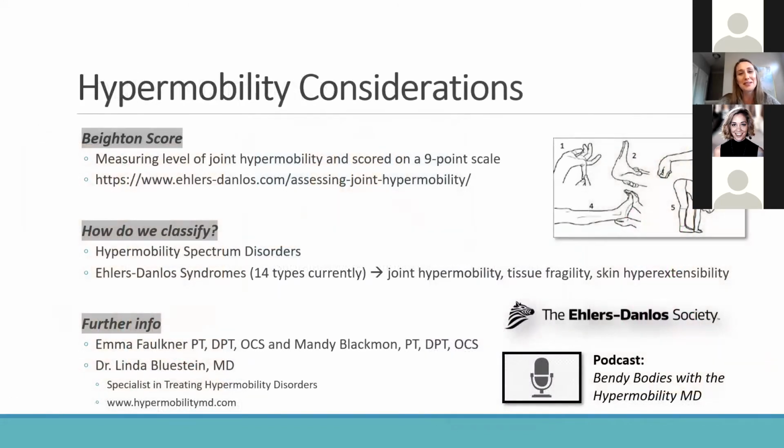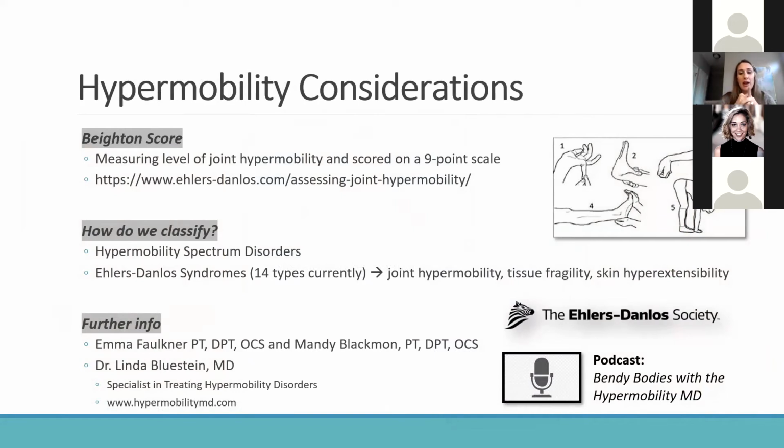Mandy and Emma did an excellent job just before me talking about hypermobility considerations. So I just want this slide to be on here so that you are considering, based on your subjective examination or what that patient is saying to you, is this someone who has a little bit more than your average mobile dancer? So utilizing the Beighton score as at least a first pass.